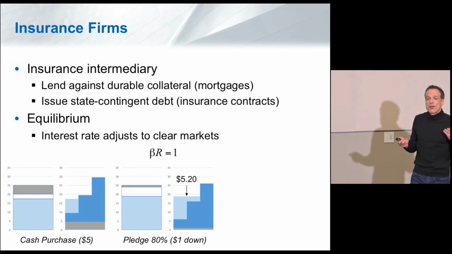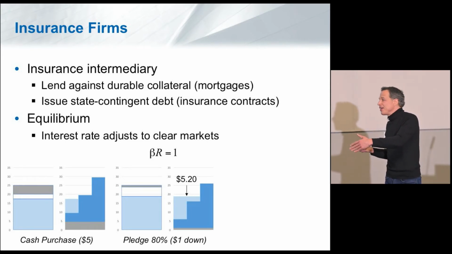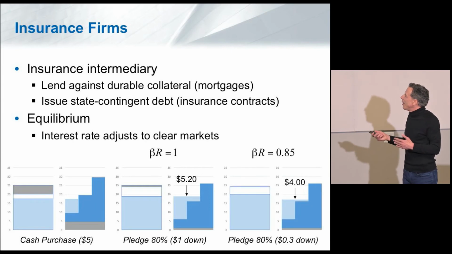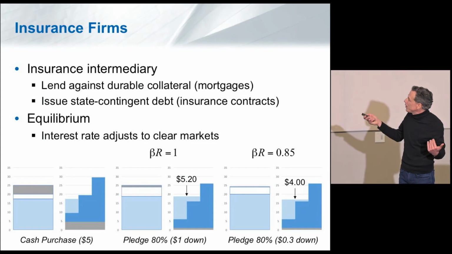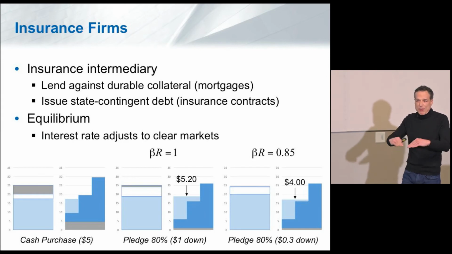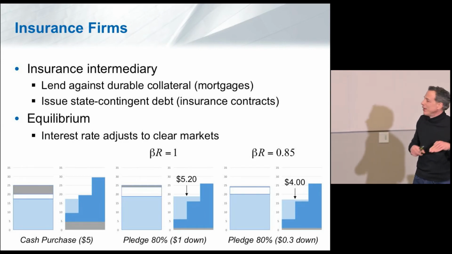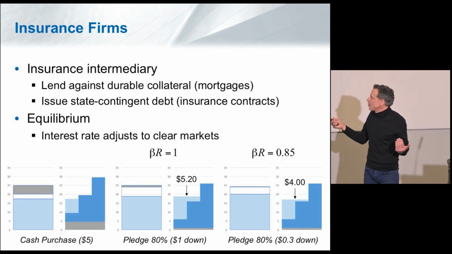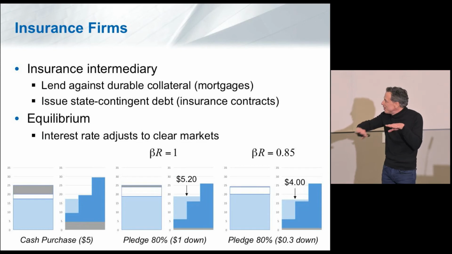It also lowers the rate I get on my state contingent saving, and that's going to reduce that amount of insurance that I have. And in particular, because with the lower interest rate now, my consumption smoothing of my Euler equation means I want to have a little bit lower consumption next period than I had this period, right? And so the interest rate's going to adjust so that individuals' consumption smooth path is decreasing.